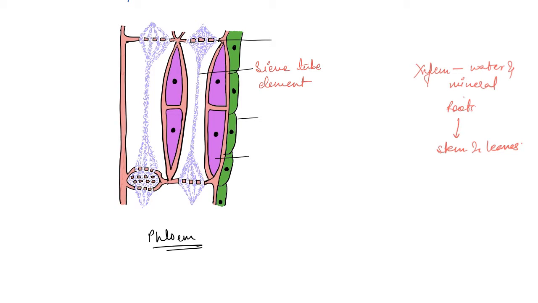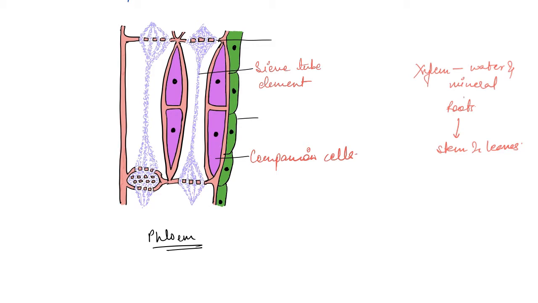As you can see here, they are long tube-like and arranged longitudinally, and they are associated with the companion cells. So what exactly are companion cells? These are companion cells, right? They are associated with the sieve tube elements.